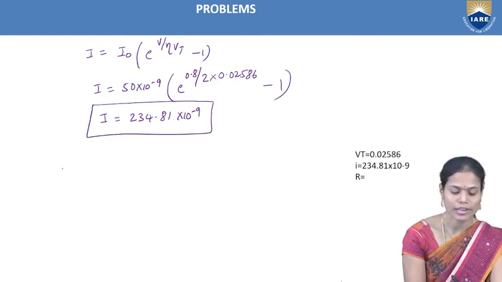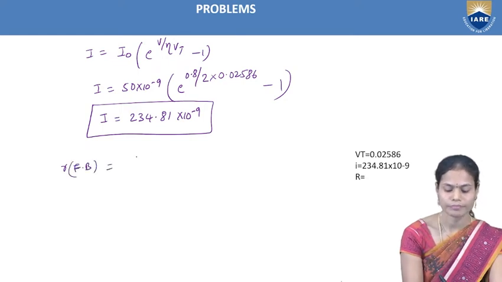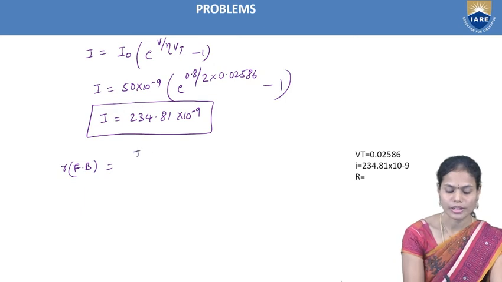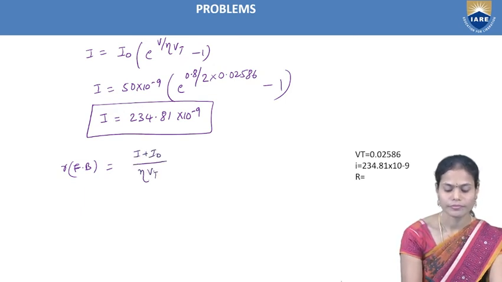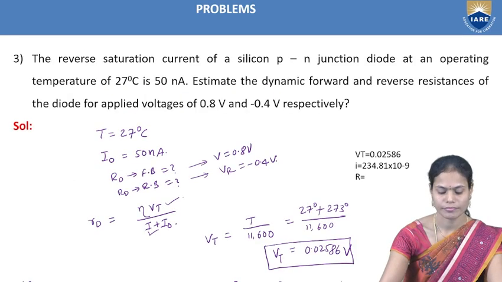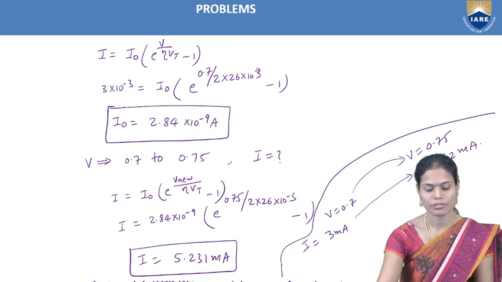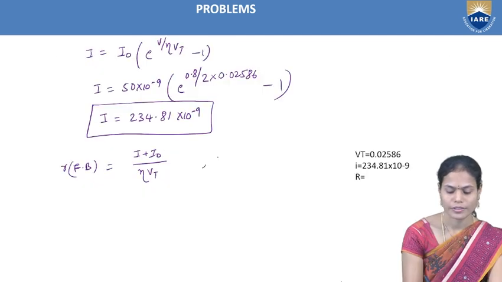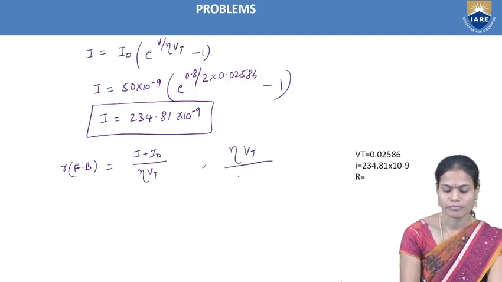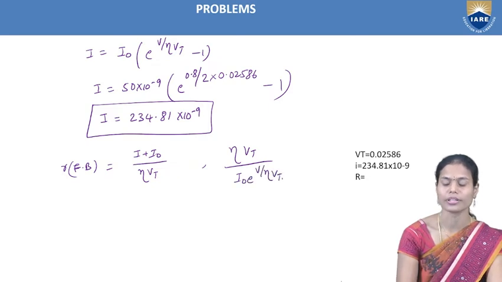Next we need to calculate the resistance in the forward bias condition. That is I plus I naught by eta Vt, or else we can also use the equation eta Vt by I naught into e power V by eta Vt.